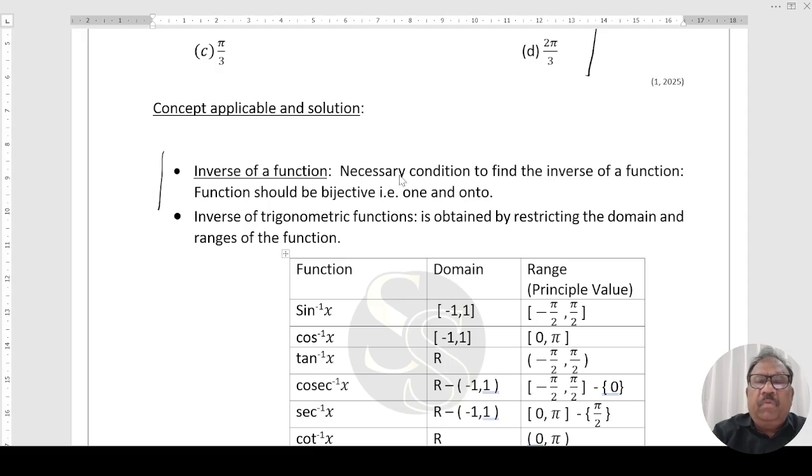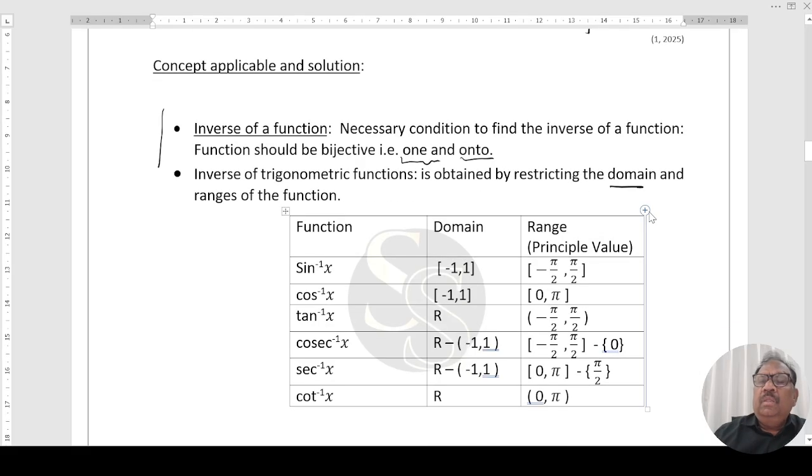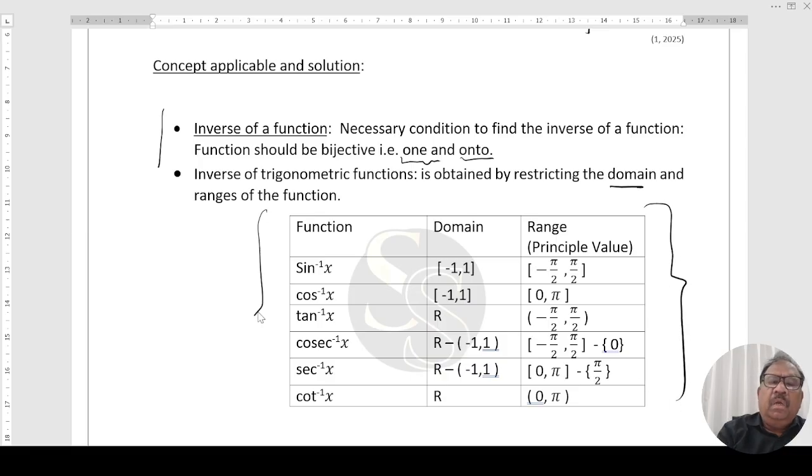We can find the inverse of a function when it is bijective. Bijective means it should satisfy the condition of one-one and onto function. Inverse of a trigonometric function is obtained by restricting the domain and range of the function. These are the domain and range of the inverse trigonometric functions which you can go through.